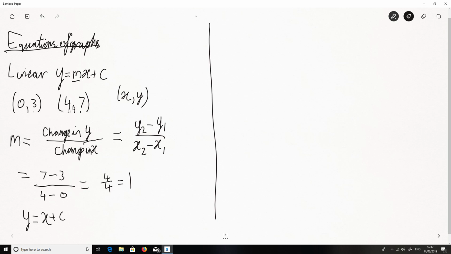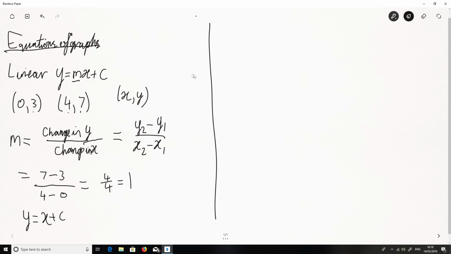We know that at any point the graph passes through, say here, x is equal to 4 and y is equal to 7. And at this point that the graph goes through, x is equal to 0, y is equal to 3, which does actually tell you in itself what the y-intercept is, spoiler alert, but I'll show you how to solve it anyway for a case where you're not given an x-coordinate of 0.